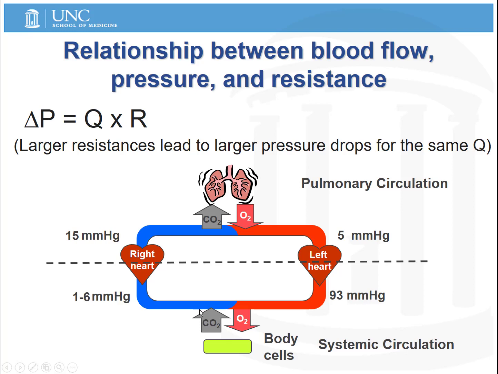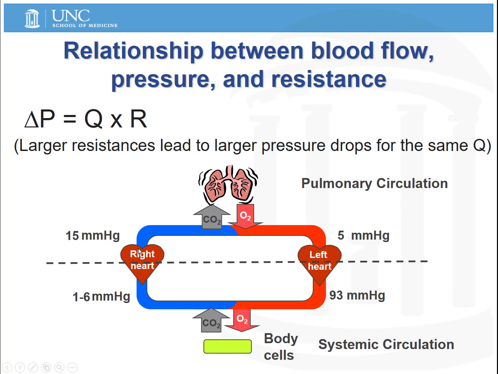So we have a large delta P in the systemic circulation, indicating that the systemic circulation has a pretty high resistance. And if we compare this to the pulmonary circulation, which is up here above the dotted line, in the pulmonary circulation, we start out with a mean arterial pressure of about 15 millimeters of mercury being pumped out from that right heart.